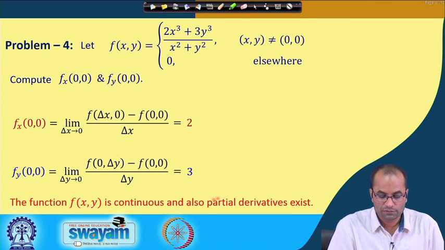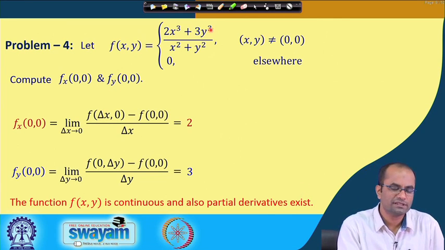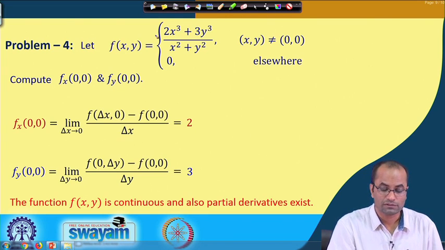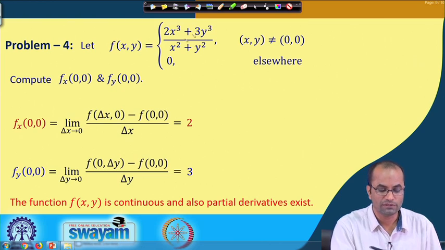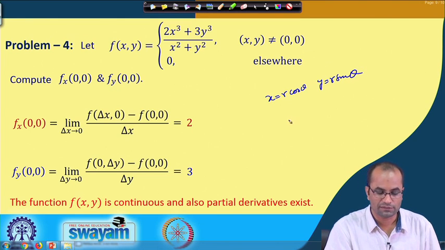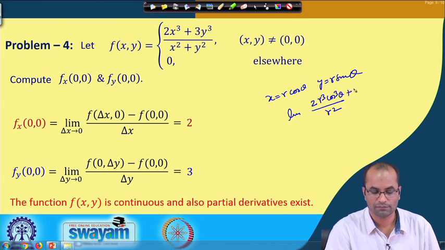The function is continuous and also the partial derivatives exist, because in this case we can easily prove that the partial derivatives exist, and we have already done this in previous lectures. For example, to see the continuity we can put x equal to r cos θ and y equal to r sin θ, and then the r square will come, and then 2r³cos³θ plus 3r³sin³θ, and limit r goes to 0.